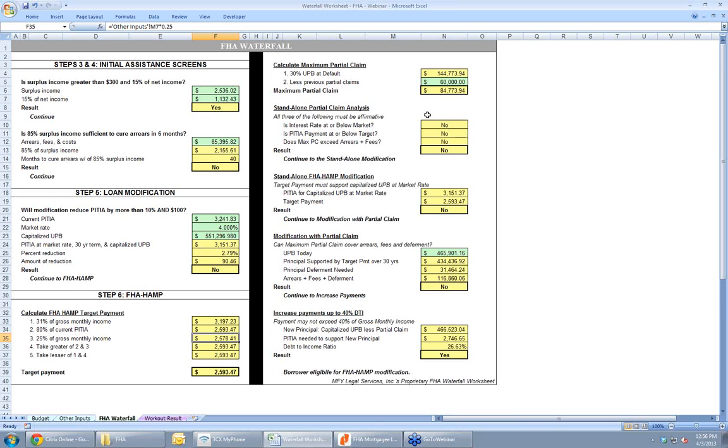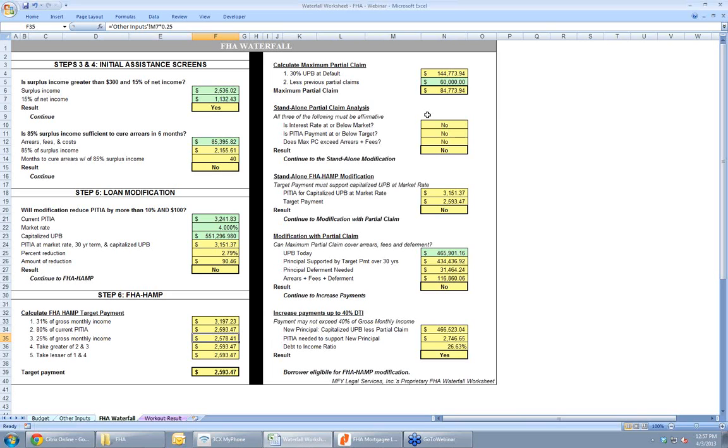We know what their monthly payment is. What if they paid that amount at a market rate for the next 30 years? What principal balance would they pay off there? In this case, it would be $434,000 and change.